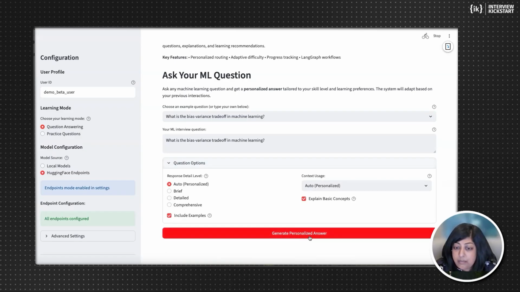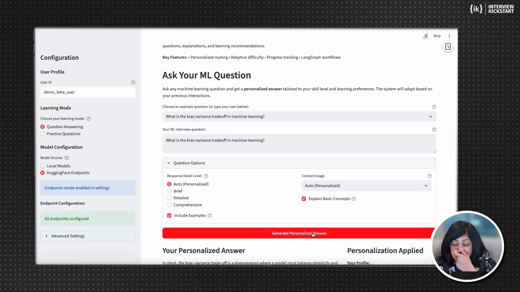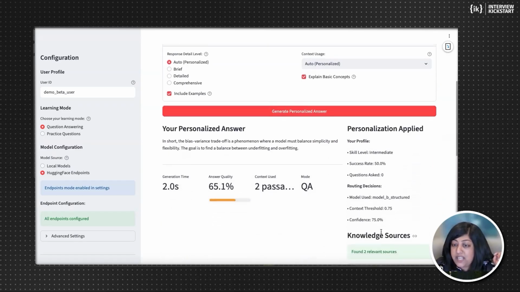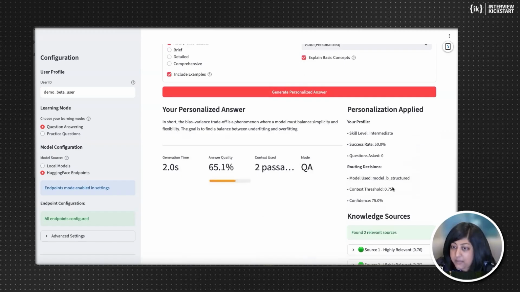Okay. So I'm not going to get into the depths of the personalization journey to explain how this personalization was applied, right? Because, like I mentioned at the beginning of this masterclass, the focus here is to show you the production readiness, the observability, the evaluation, the guardrails pieces. Okay.